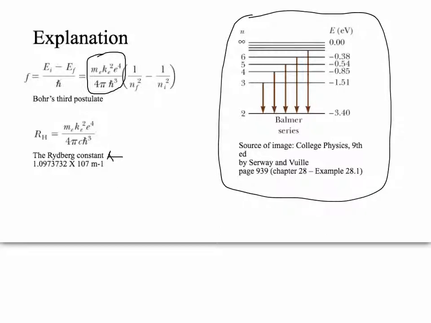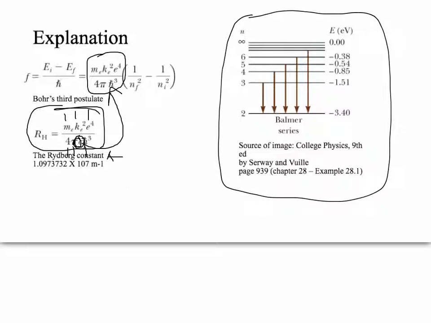So the Rydberg constant, what we know now, is equal to m sub e times k sub e squared times e to the fourth divided by 4 times pi times the speed of light times h bar to the third. Now you'll notice the speed of light shows up in this equation, and it's the only thing that's different from the Bohr third postulate equation.